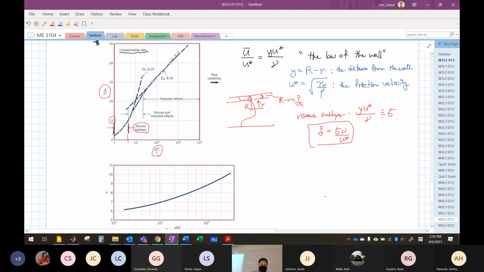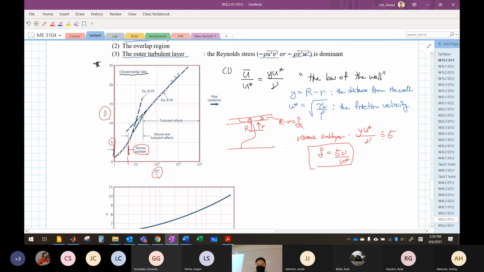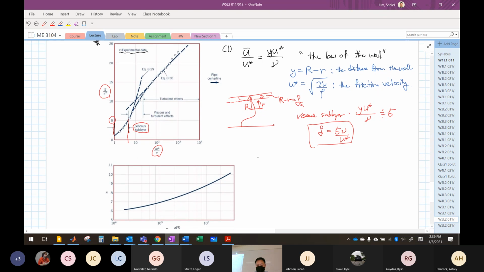And what else? We have an equation for the sublayer. Then we also need the equation for the center region. This is for the first one, and then let's say this is the second to third. What you have is called the power law velocity profile.